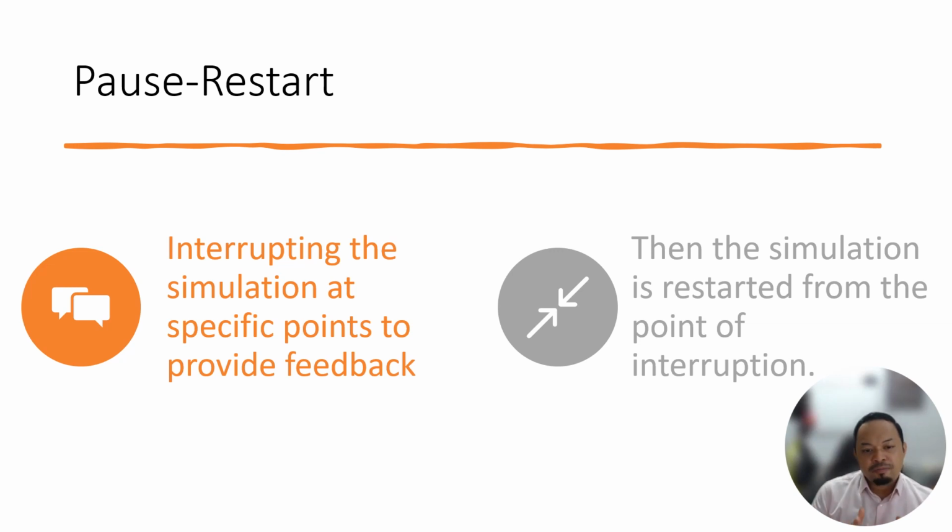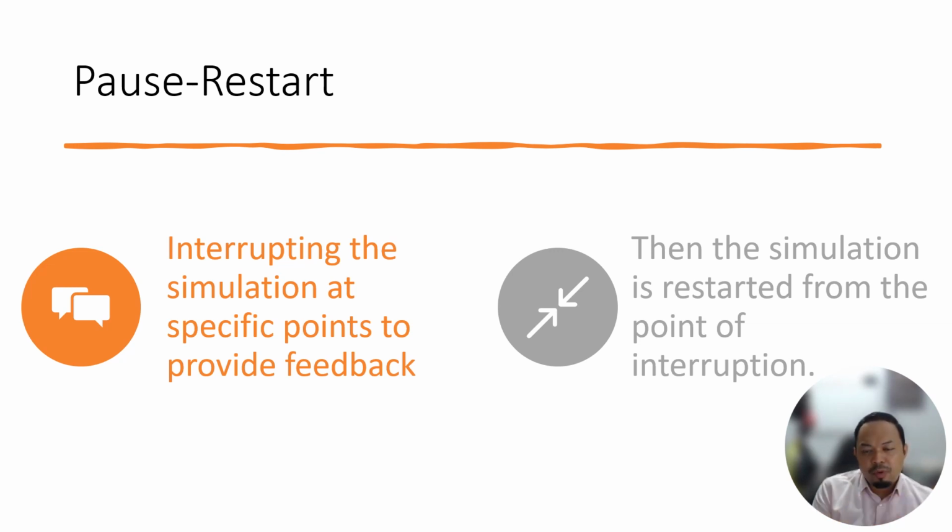So let's move on to the second approach, which is pause and restart. Now, the special thing about pause and restart is that you have to interrupt the simulation at specific points to provide feedback. Meaning, you will pause the session. Let's say your session is 10 minutes. You're going to pause it in between, and it could be multiple pauses, not only once.